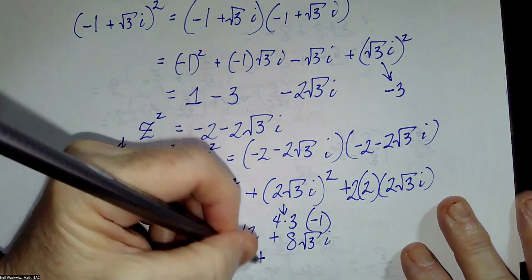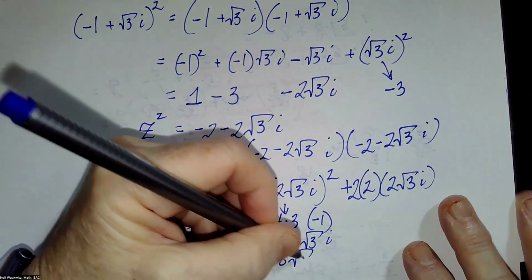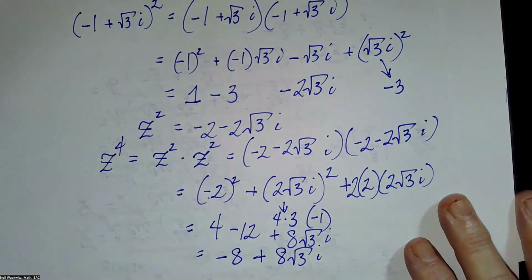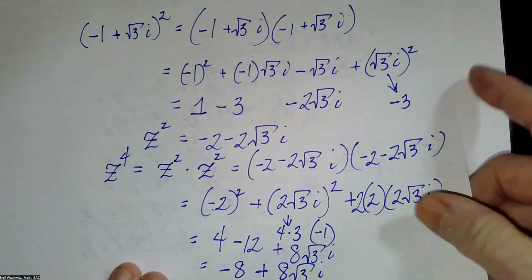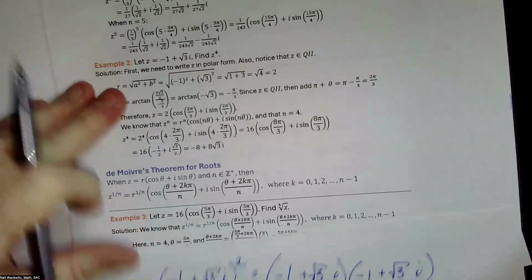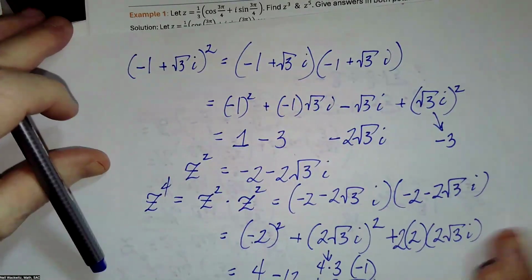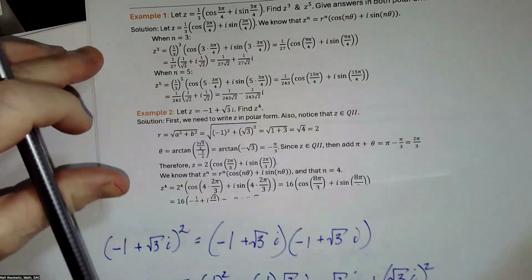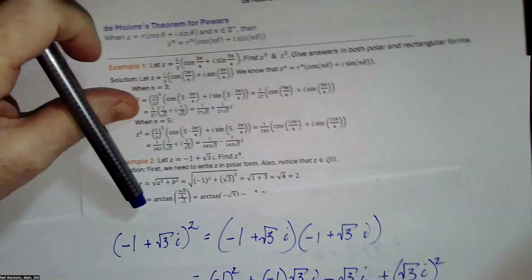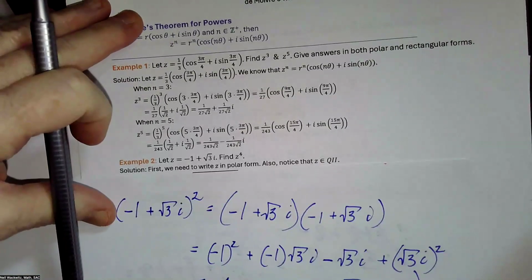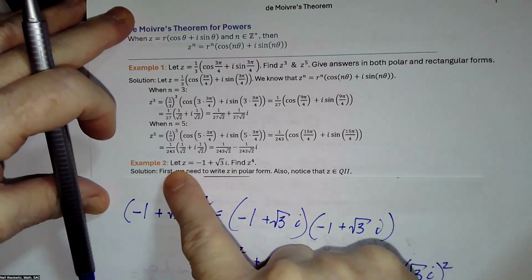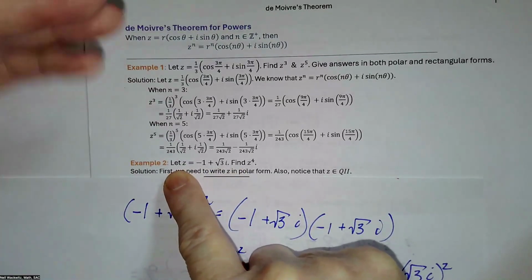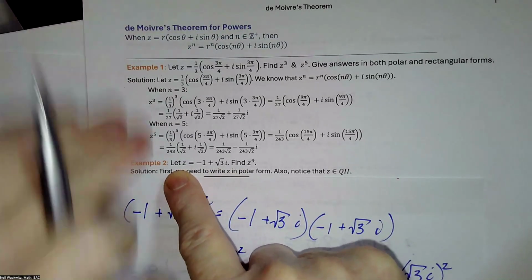And that gives us negative 8 plus 8 square root of 3i. So for lower powers, it's not too hard to multiply through. But it's much more elegant to change a rectangular complex number into polar form and use de Moivre's theorem.